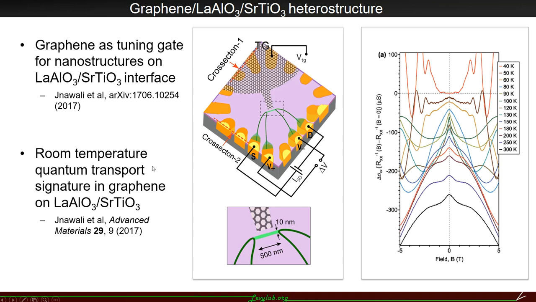Since STO has a very high dielectric constant, it can share the backgate very well. The weak anti-localization signature will show even up to room temperature. So LaAlO3/SrTiO3 is a pretty good substrate for graphene experiments.